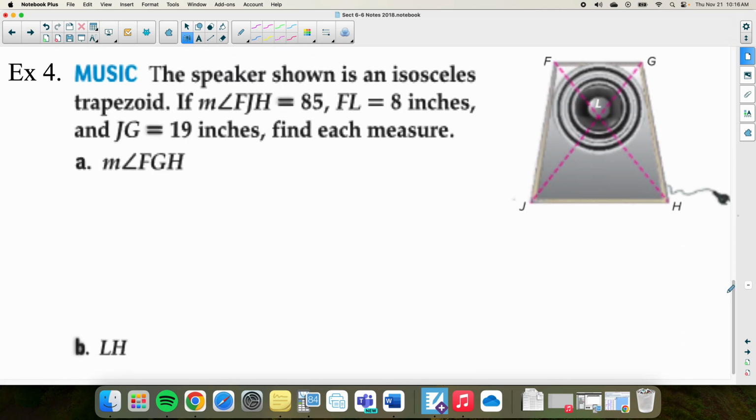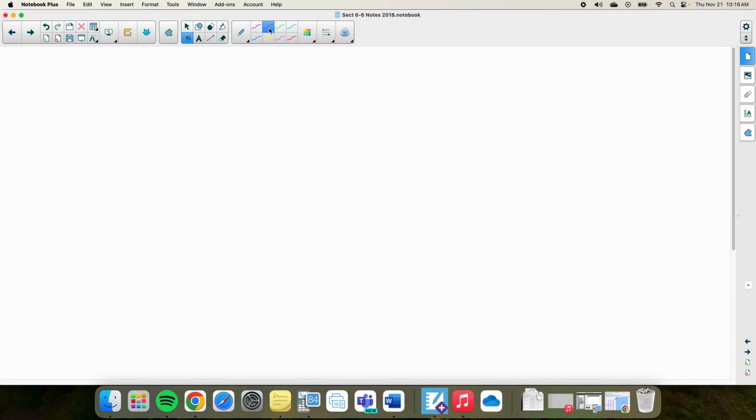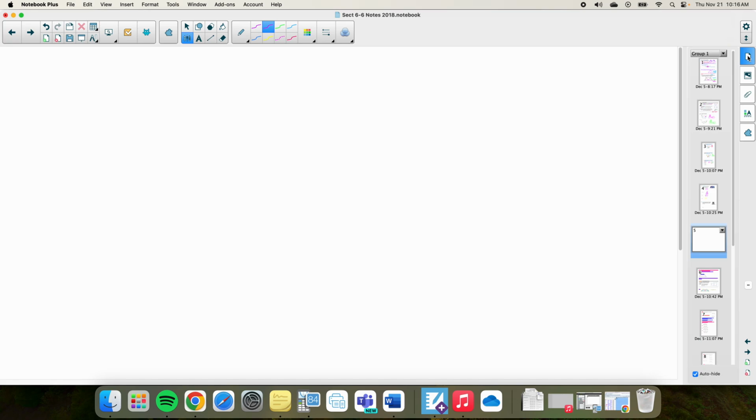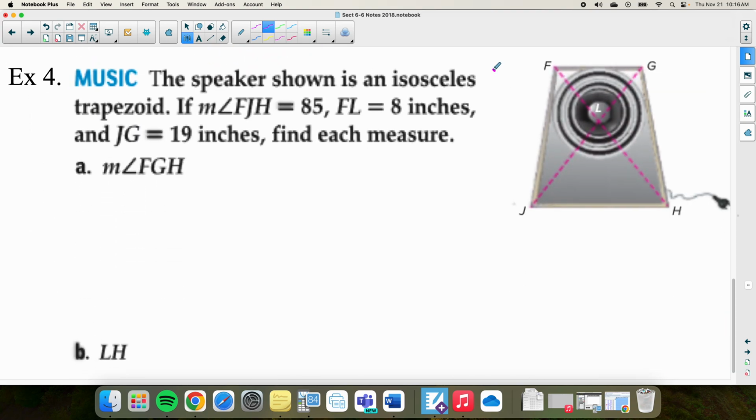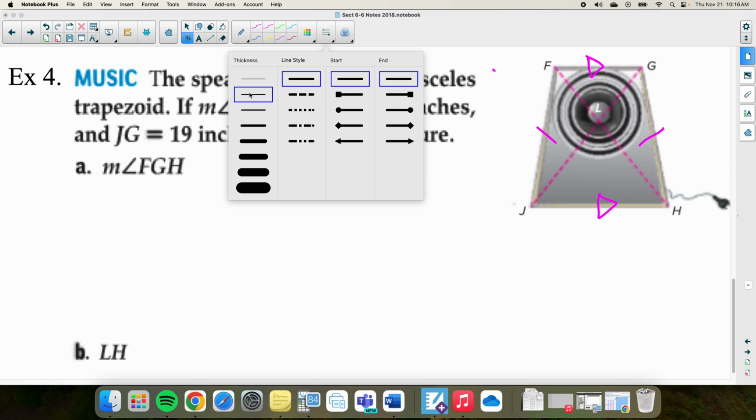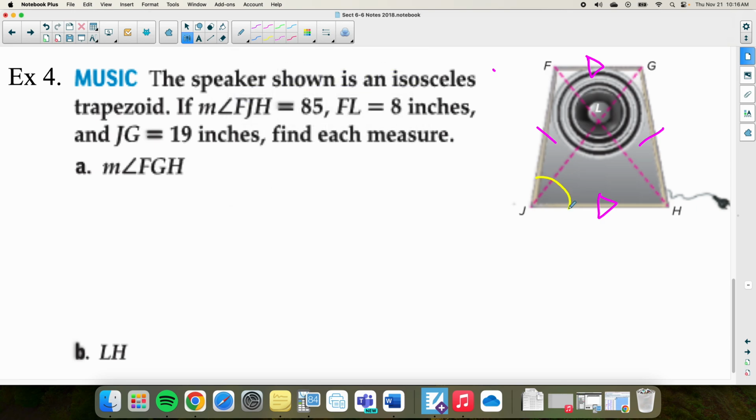Now if we look at this one, it says the figure shown is an isosceles trapezoid. And so if it's isosceles, remember that means these two are congruent, this is parallel to that. And they say angle FJH is this angle right here, and that is 85.